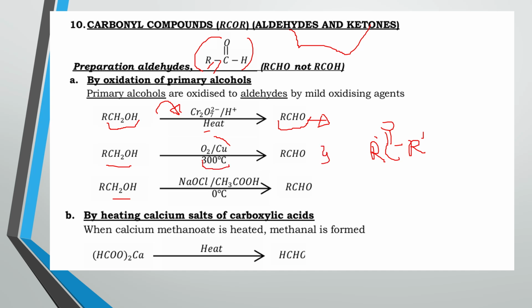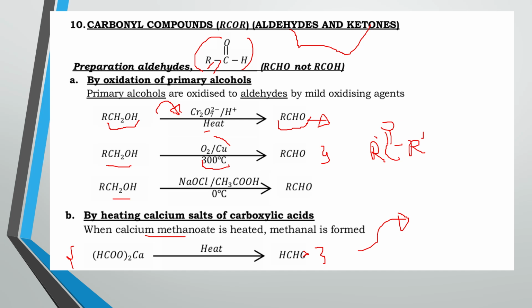Now let's look at another preparation whereby you can prepare it from calcium salts of carboxylic acids. These are two reactions, the one that gives us aldehydes and also the one that gives us ketones. For us to get an aldehyde, we take calcium methanoate and then we heat it. This is a very common reaction in paper 1 chemistry, where we tell you to complete the following reaction.